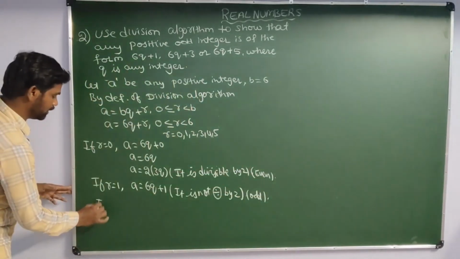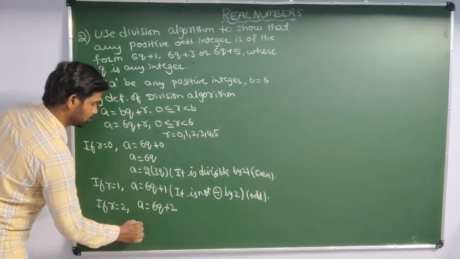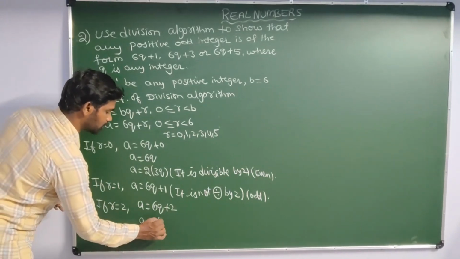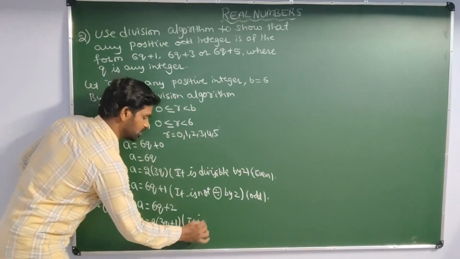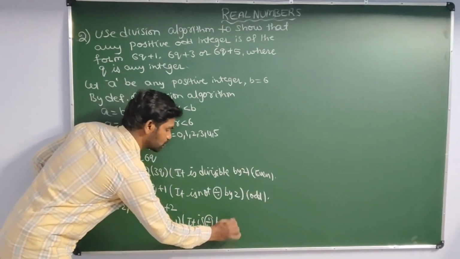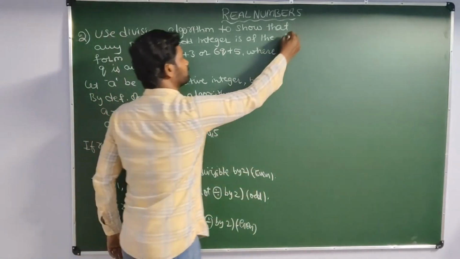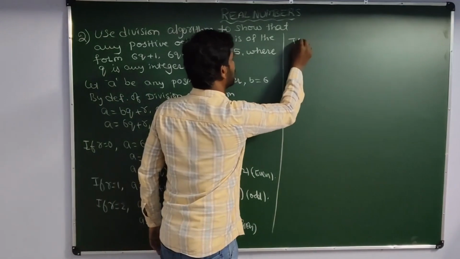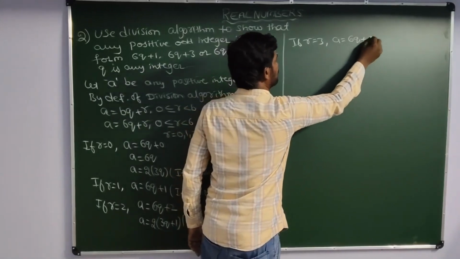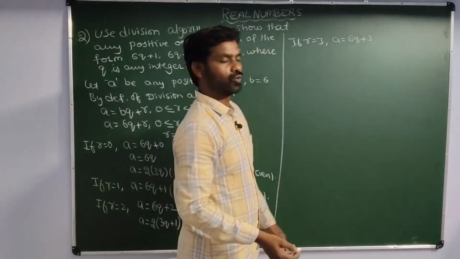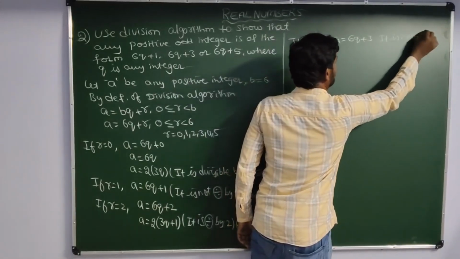In the same way, if r is equal to 2, so a is equal to 6q plus 2. So a is equal to 2 common, 3q plus 1, which is divisible by 2. So if it is divisible by 2, then it is even. Next, if r is equal to 3, then the equation becomes 6q plus 3. Here we cannot take 2 as common, therefore it is not divisible by 2.